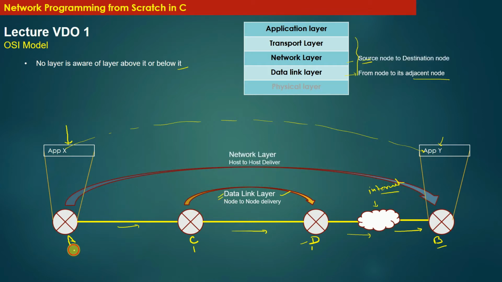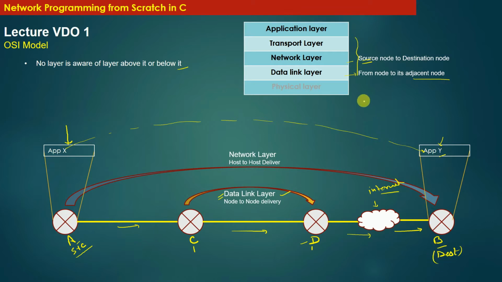Whereas A is the source node, on which the data was actually generated. Such a node is called the source node. The data has to be received by application Y, and Y is running on node B. Node B is called the destination node.